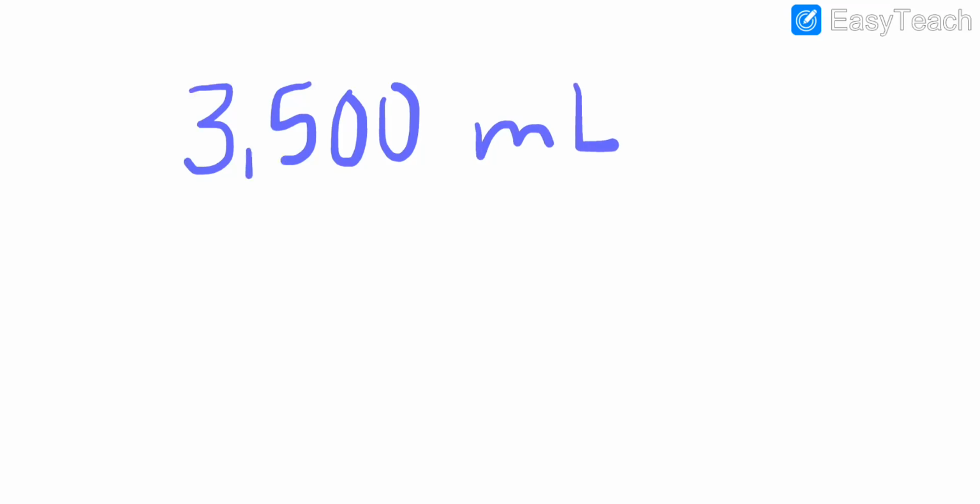If I'm going to convert 3,500 milliliters, and I want to know how many liters that is. Again, I'm going to do the same thing. So I know that my decimal point would be right here. I'm going to go from a small unit to a larger unit, so I'm going to go to the left.